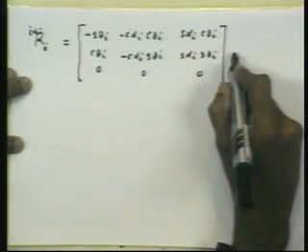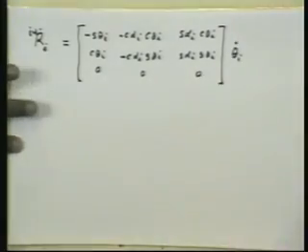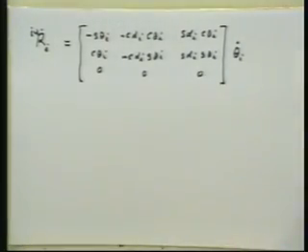The whole thing multiplied by the time derivative of theta i. So, if we take the time derivative of that rotation matrix, this will turn out to be this expression.